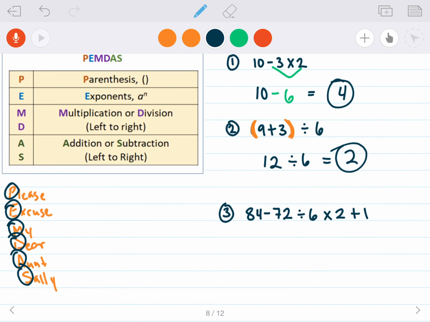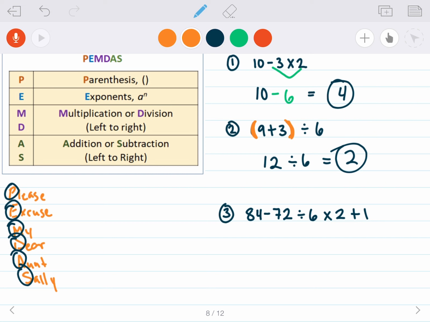Let's take a look at the operations here. So I see subtraction, division, multiplication, addition. So PEMDAS says, hey, do multiplication and division first, whichever comes first left to right. And what comes first is division.